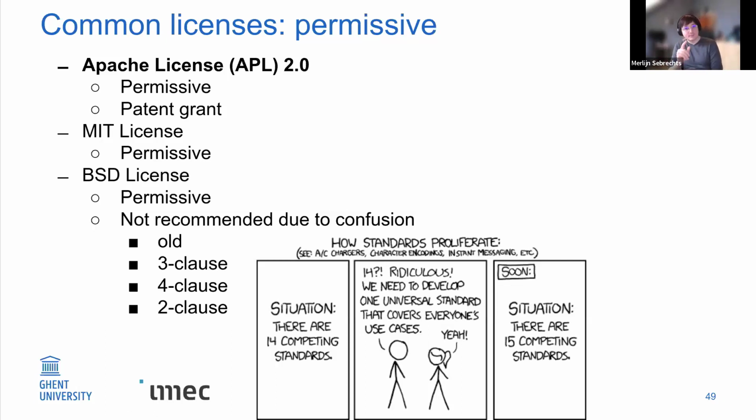And moreover, because the license has an explicit patent grant, you will never need to pay for any patents that the company creating the software has on the functionality of that software.